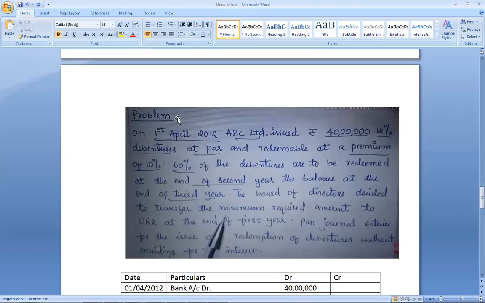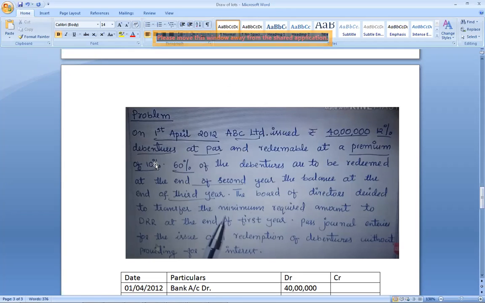On 1st April 2012, ABC Limited issued 40 lakh rupees 12% debentures at par, and redeemable at a premium of 10%.